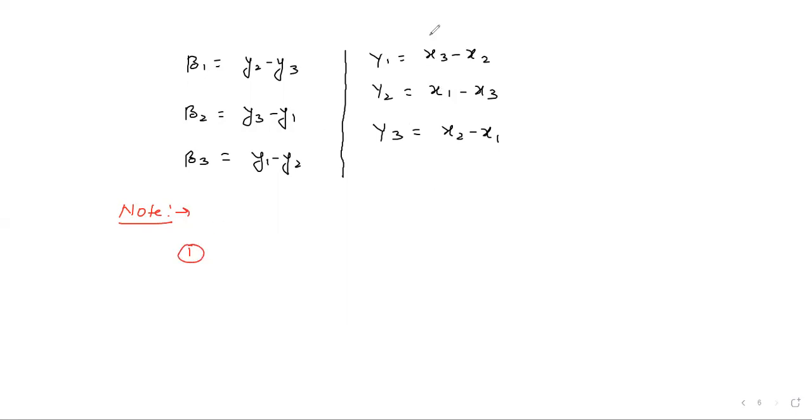If they are going to ask you to calculate strain, then directly the B matrix, already I have told what is the B matrix, into delta matrix. If you know the displacements and the B matrix, you are going to get this strain matrix. So strain will be equal to B into delta, so directly they can ask calculate strain.